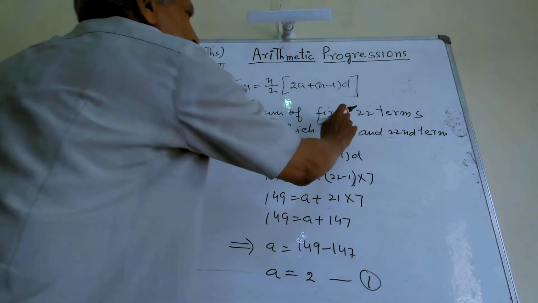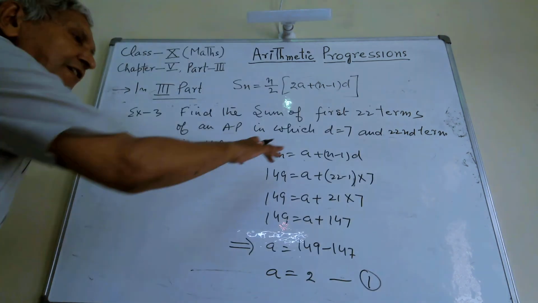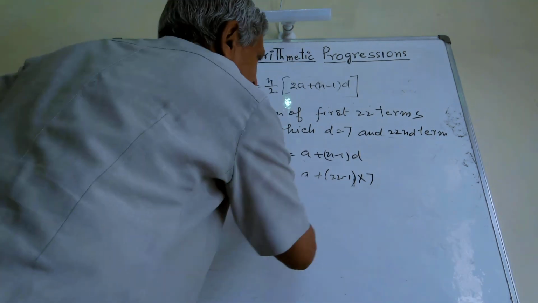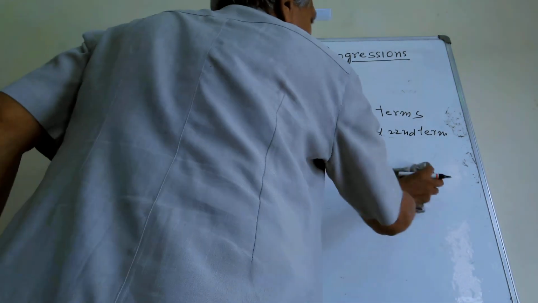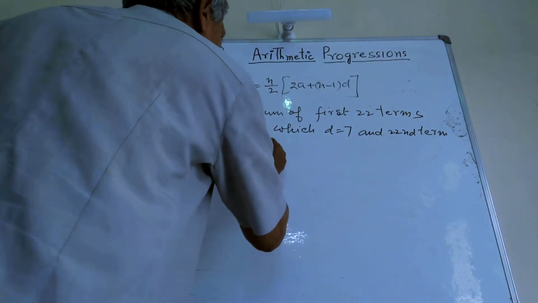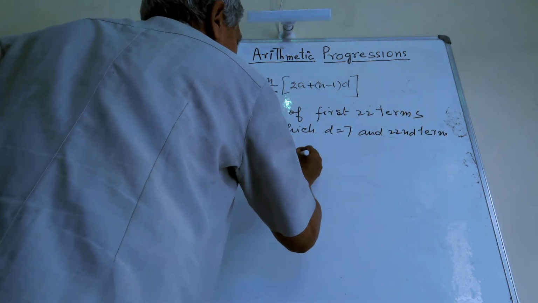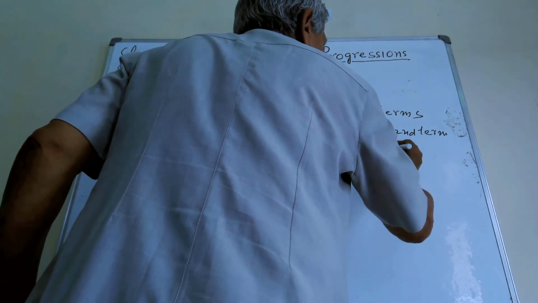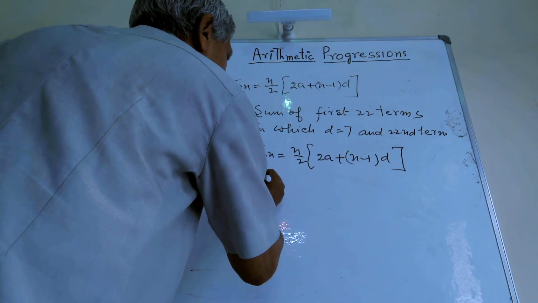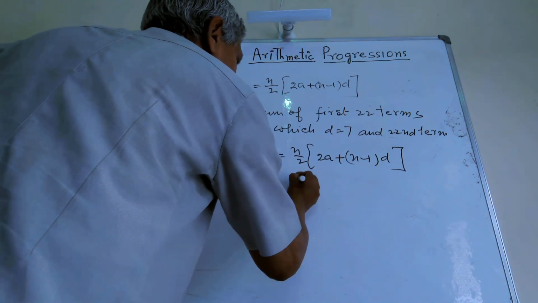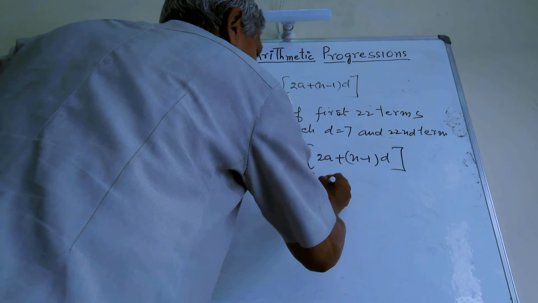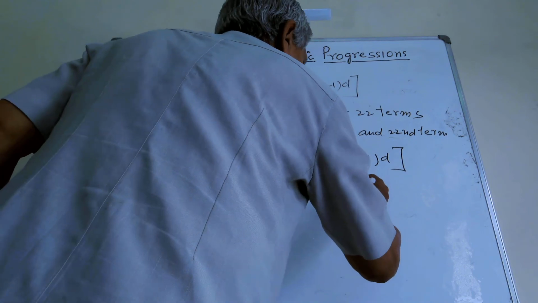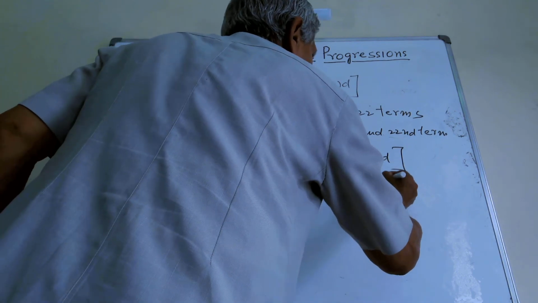Now we have to find out the sum of 22 terms. Apply the second formula: Sn = n/2 [2a + (n - 1) d]. Here S22 is 22 by 2 into (2 into a, where a is 2, plus (22 - 1), d is 7).